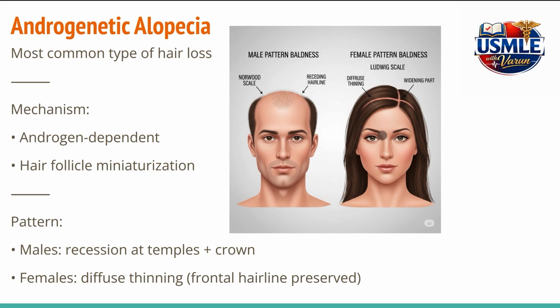In males, you can see recession at the temples and thinning at the crown. This creates a characteristic M-shaped pattern, as you can see in this image. In females, hair loss is more diffuse over the crown, but the frontal hairline is usually preserved. So whenever a question is tested on androgenetic alopecia, pattern recognition is the key.